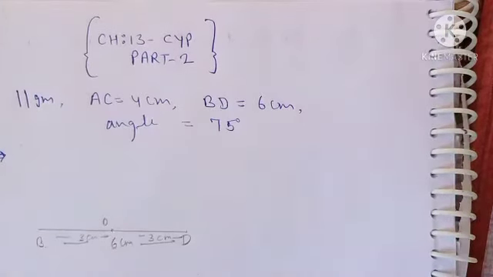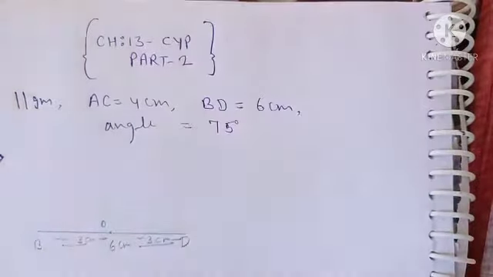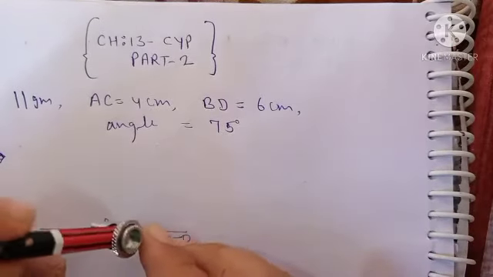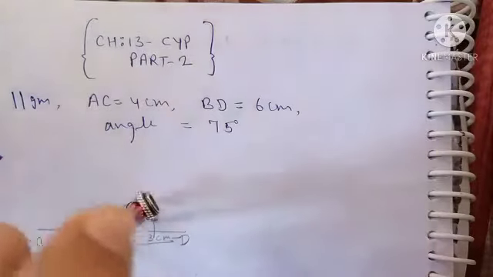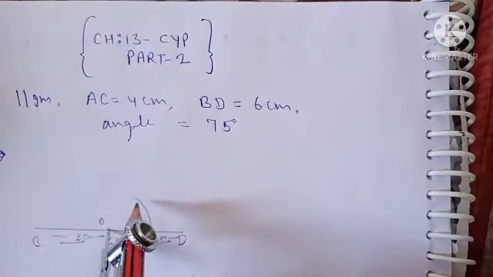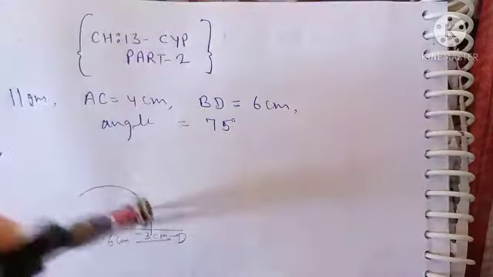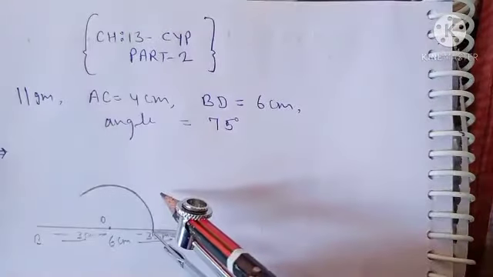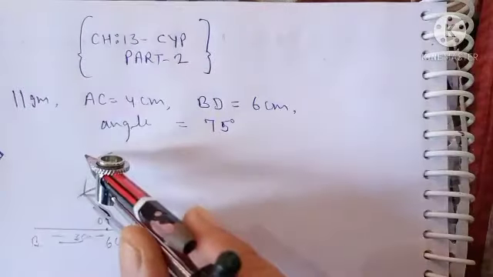Okay, now you can see the angle between two diagonals is 75 degree. So here we have to construct a 75 degree angle. So how can we construct? First of all we have to make a 60 degree angle here. It is 60, then 120, then 90.